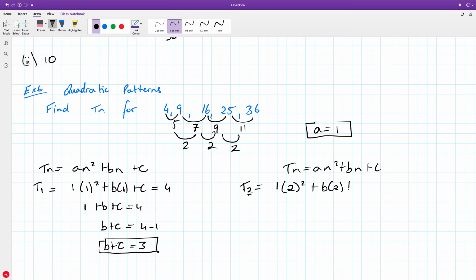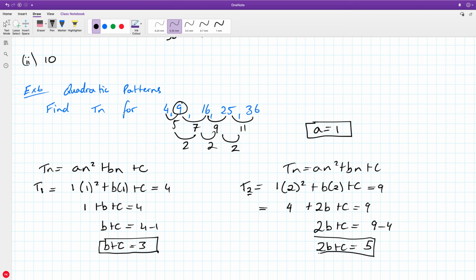B times 2 plus C. What's T2 equal to? 9, exactly, because 9 is our second term. 1 times 2 squared is 4 plus 2b plus c is equal to 9. 2b plus c is equal to 9 minus 4. What's 9 minus 4? 5. And we box that off.